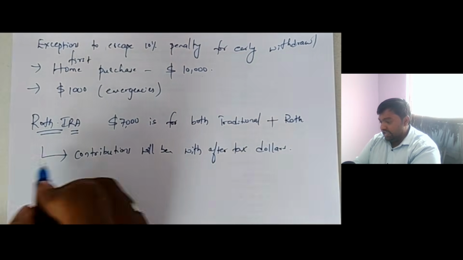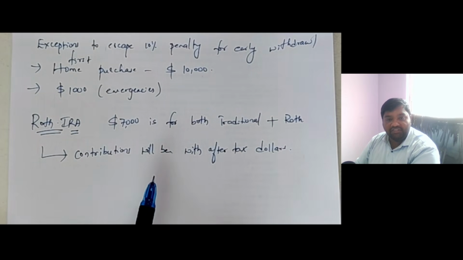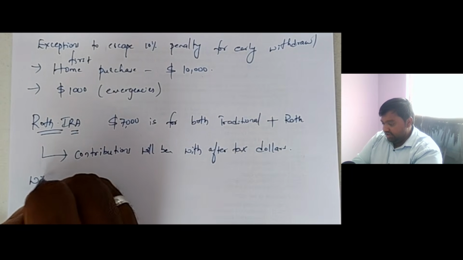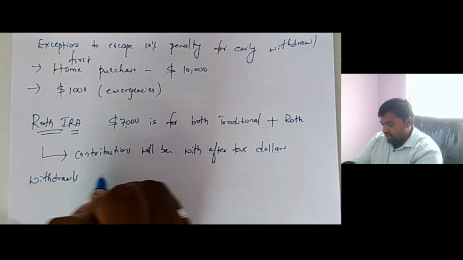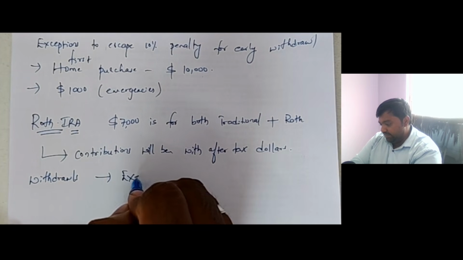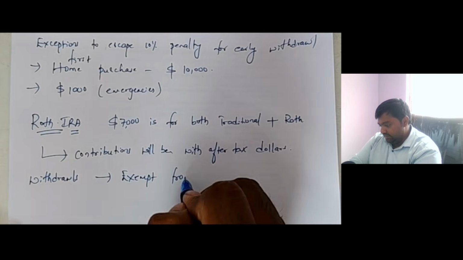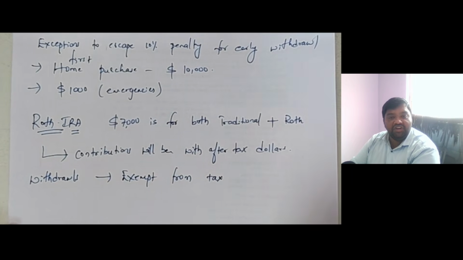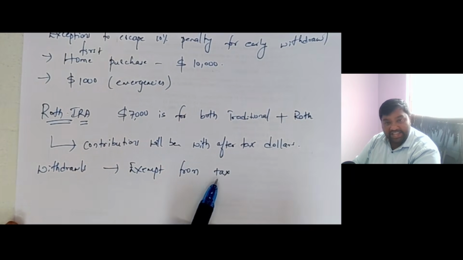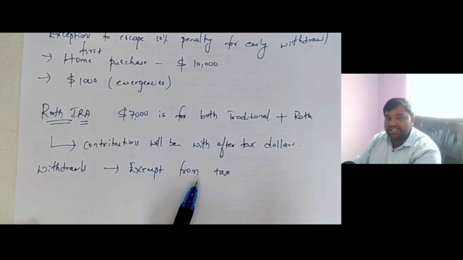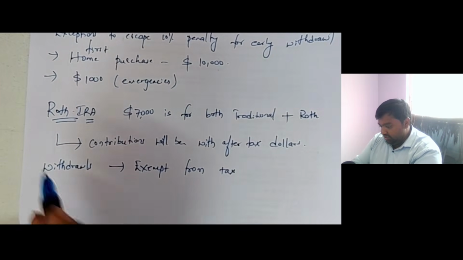Fine. As you are contributing with after tax dollars, the withdrawals are exempt from tax. Any withdrawal you are making from Roth IRA is exempt from tax, but to get this tax exemption, there are some conditions which you should know.